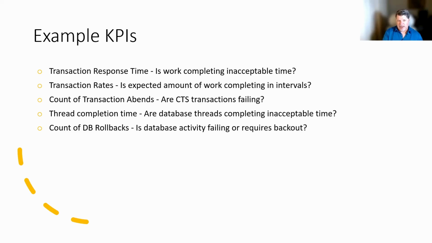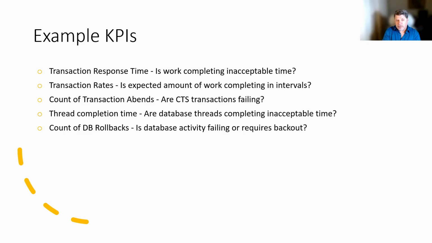It's the database equivalent of an abend in a way. So if we have too many rollbacks, if there's problems with the applications that are causing the data to need to be rolled back instead of committed, that's going to have a serious impact on our ability to do more work on these systems. But by focusing on these KPIs alone, we can tell whether our work is actually being completed in an orderly fashion in the time that we expect.